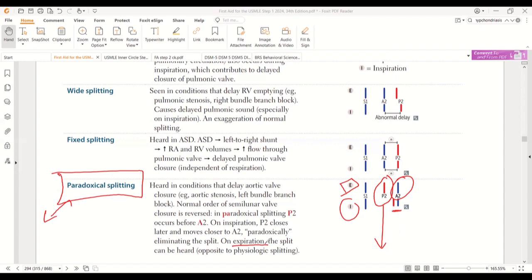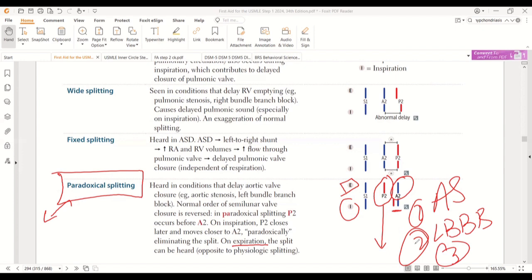So what are the causes of paradoxical splitting? Aortic stenosis, left bundle branch block, systemic hypertension and hypertrophic cardiomyopathy.